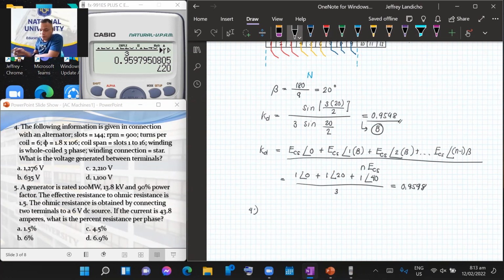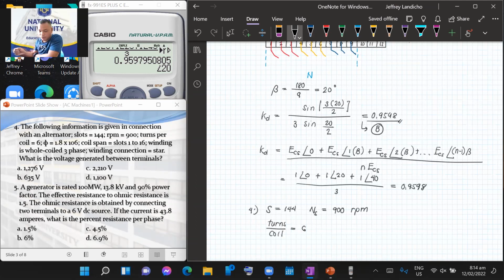So, the following information is given in connection with an alternator with total number of slots. So, let us consider 144. The given synchronous speed at which its rotor operates is 900 RPM. For the given turns per coil, one coil contains how many turns?